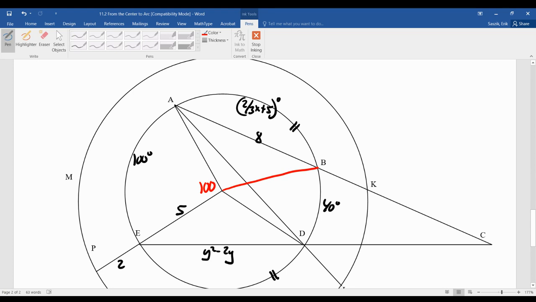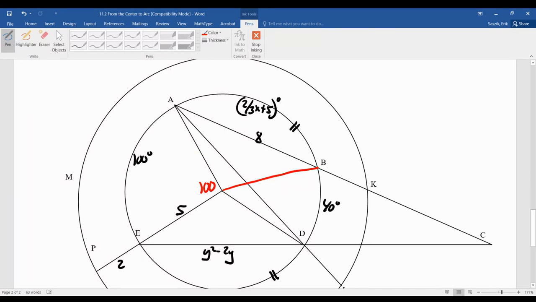That's helpful because remember, when you draw in radii, you create isosceles triangles. There's an isosceles triangle that we just created. There was one down here. There's a skinny isosceles triangle in here too, because that's a radius, and so is that.